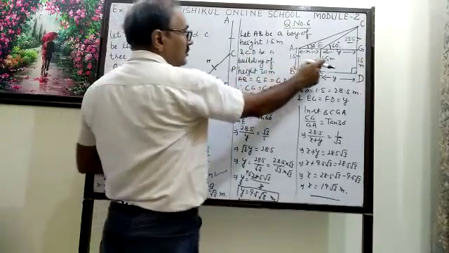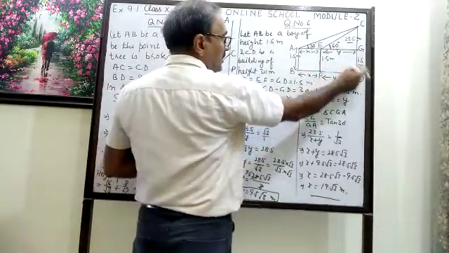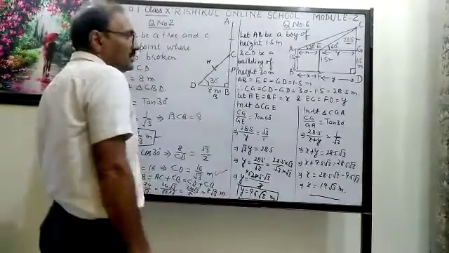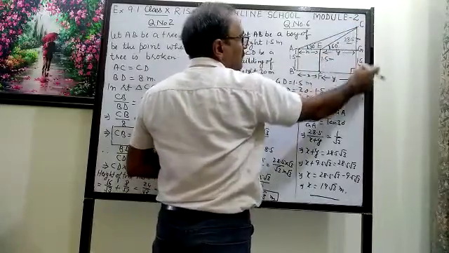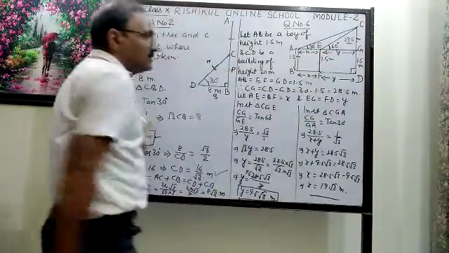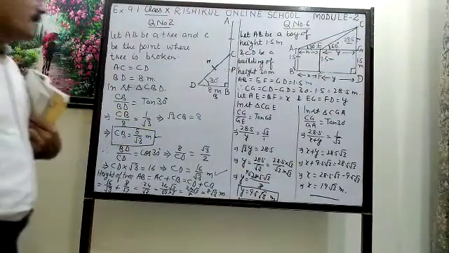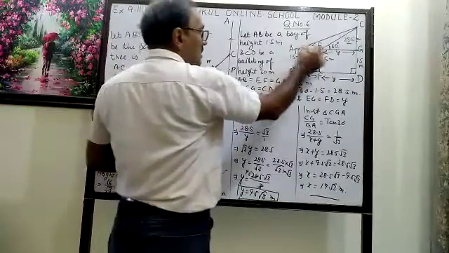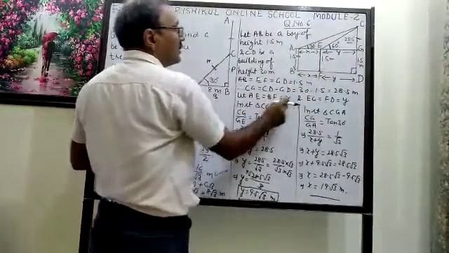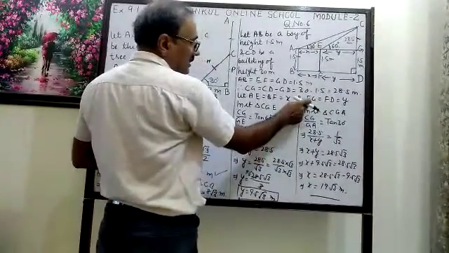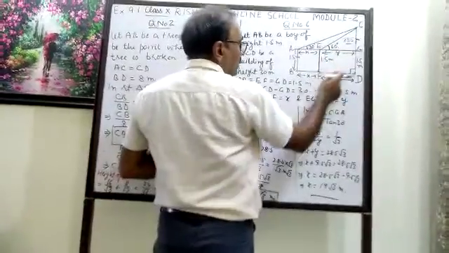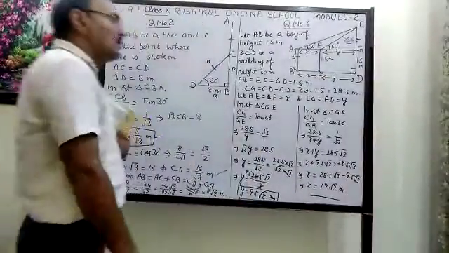AE is equal to EF equal to GD equal to 1.5 meters, and CG equals CD minus GD, 30 minus 1.5, 28.5 meters. And suppose AE is equal to BF equal to x, and EG equal to FD equal to y meters.